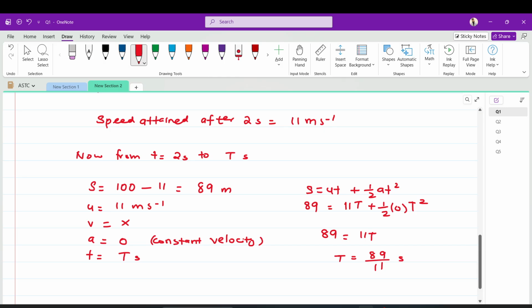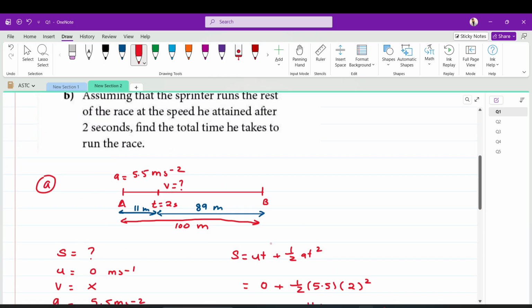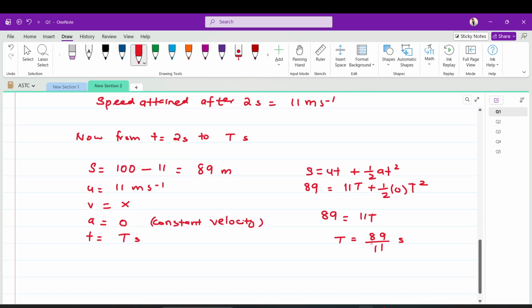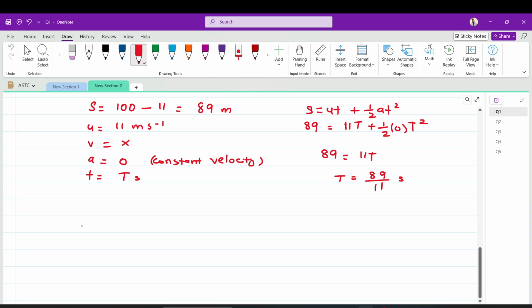If I read the question one more time, it says find the total time he takes. So do not forget that first it took 2 seconds and then it took this much time, which is 89 upon 11. So total time equals 2 plus 89 over 11.